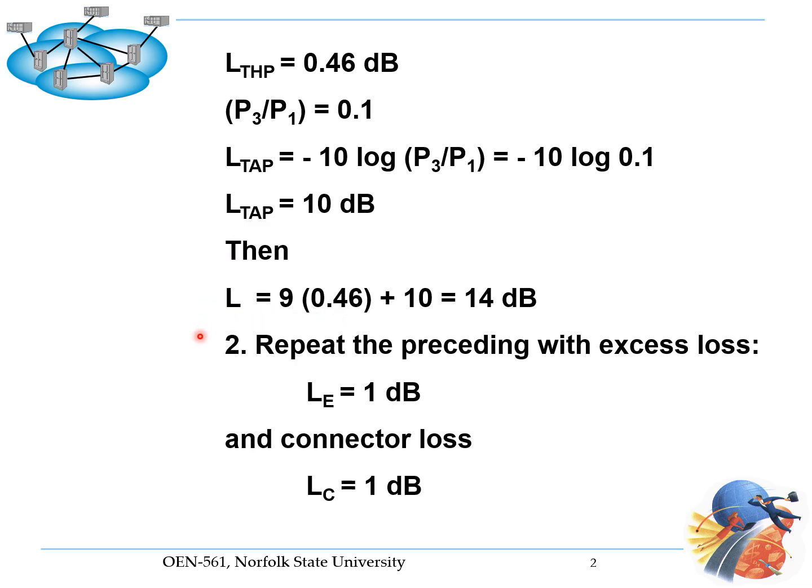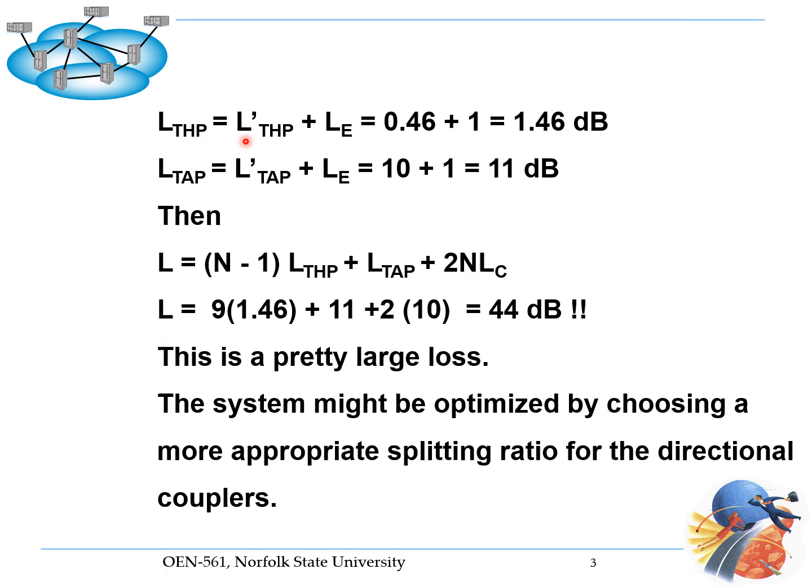Anyway, continuing this exercise, let us now assume that we don't have ideal directional couplers. Our coupler has excess loss 1 dB plus connectors. Each connector will add 1 dB loss. We already calculated the ideal throughput loss for this directional coupler to be 0.46.